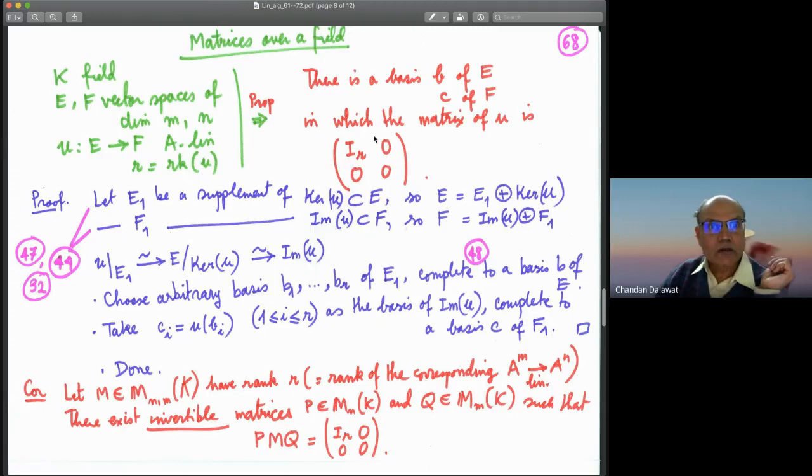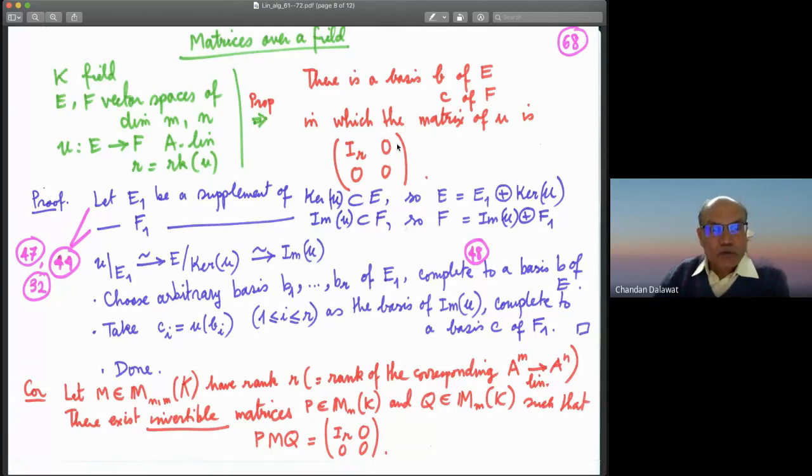The top left block is the identity matrix of size R, and the other matrices are zero matrices of the appropriate size, right? This matrix has, how many rows does it have? It has N rows and M columns, right?